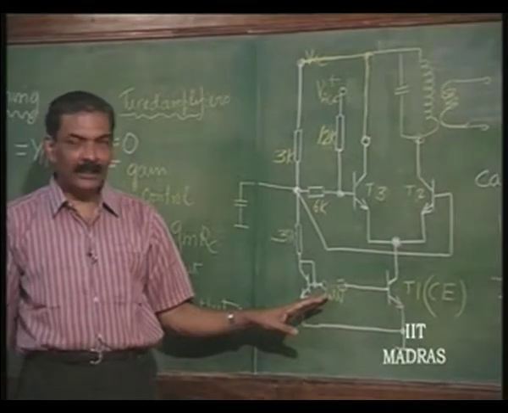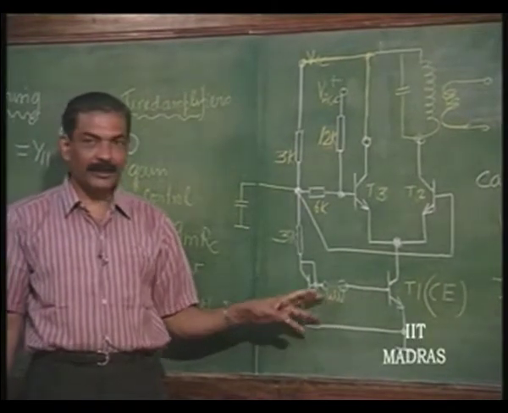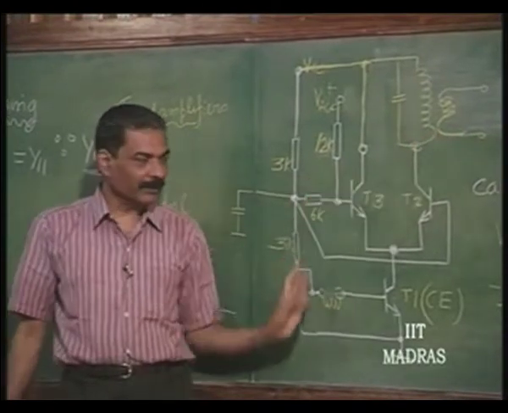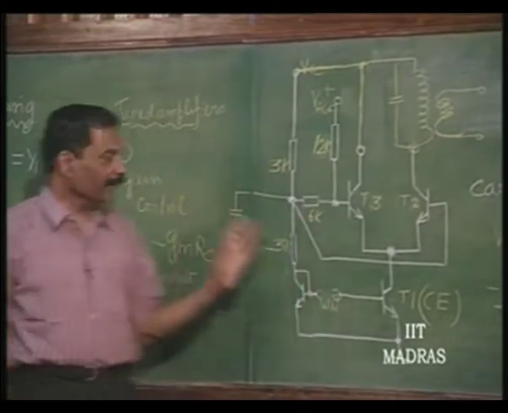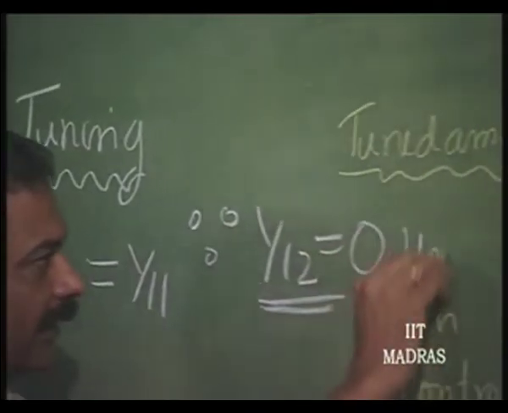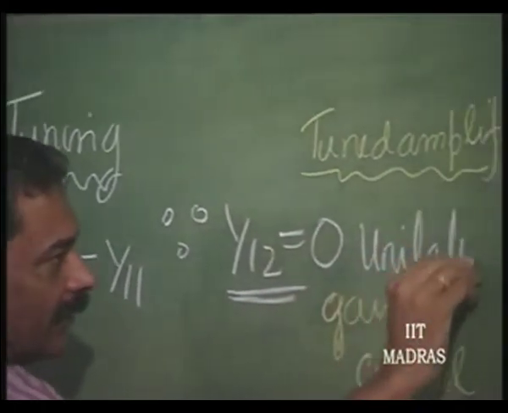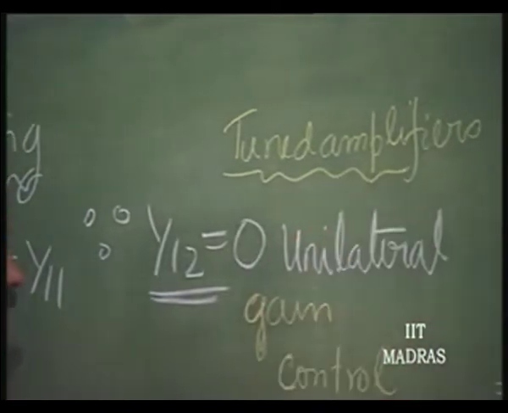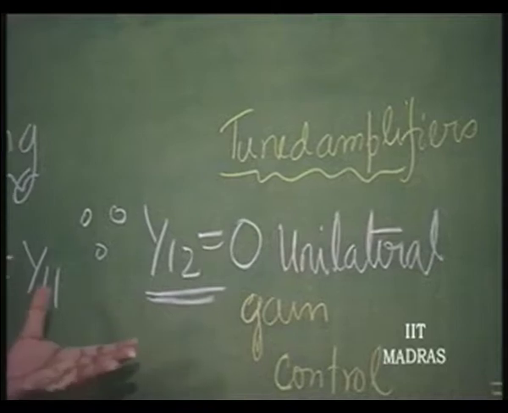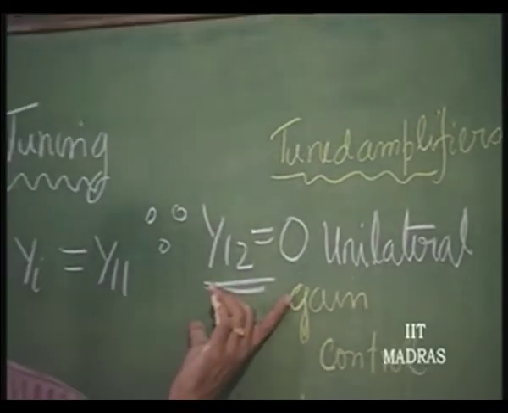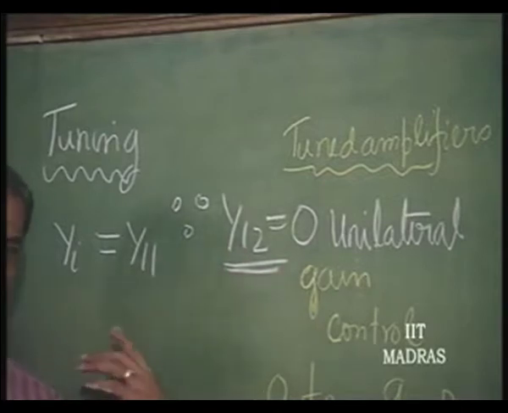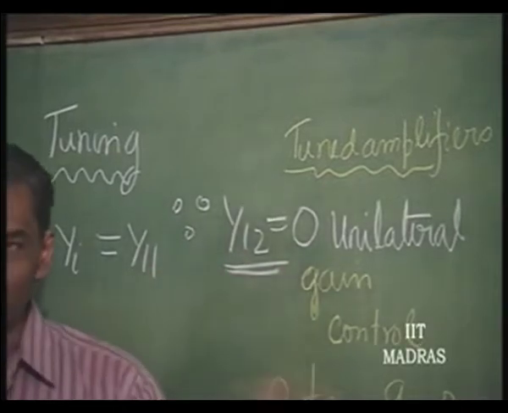Otherwise, it will be very difficult for us to tune the input independent of the output. Output and input will start interacting with one another if Y12 is not 0. That means the circuit is really unilateral. This we had discussed earlier in the beginning of the course, first part. So, in any tuned amplifier, it is necessary for us to have Y12 equal to 0, so we can do independent tuning of the input as well as the output.